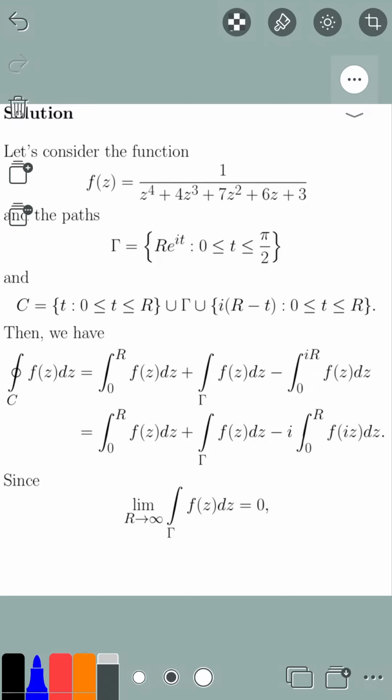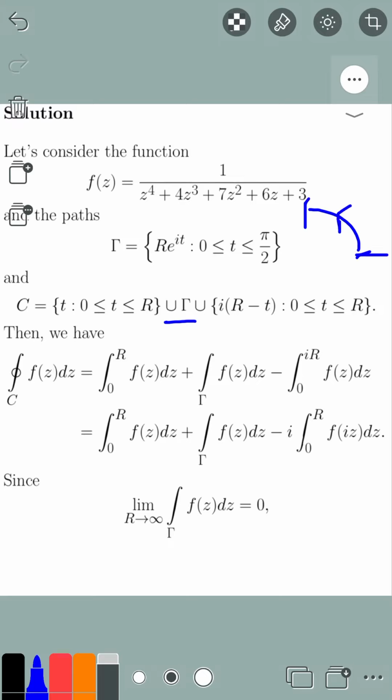And the contour c is this whole thing here. The first part is a line segment from 0 to r on the real axis. And then we go along the quarter circle arc in quadrant 1, and I forgot to mention that it's going up this way, from t equals 0 to t equals pi over 2.